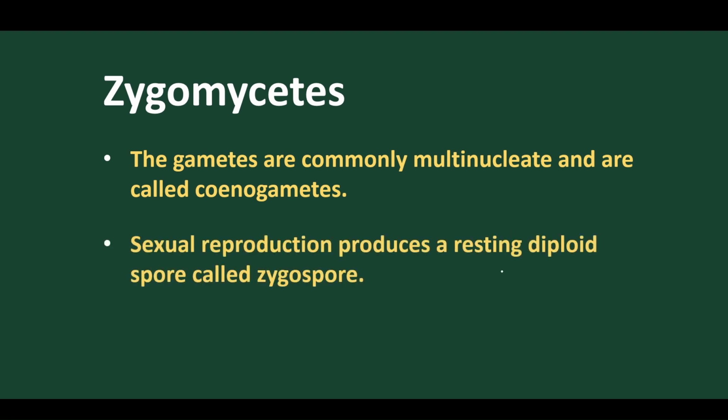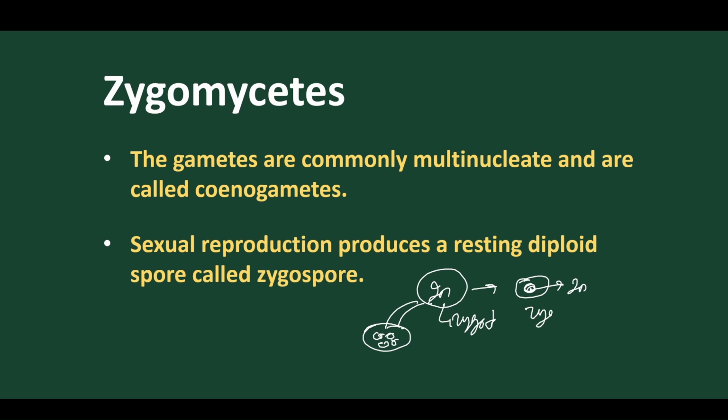The sexual reproduction produces a resting diploid spore that is called a zygospore. Suppose this is the cynogamete, and when the cynogametes unite, they produce a zygote that is called 2N. This zygote develops into a spore, a 2N spore, and the zygote-forming spore is called a zygospore.